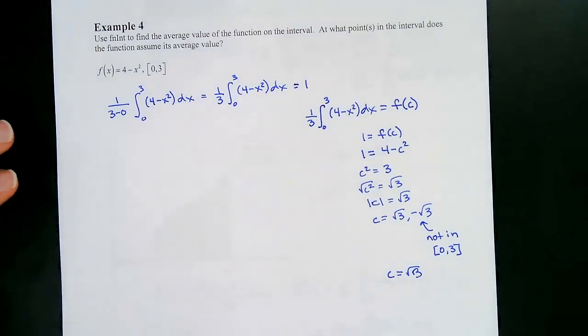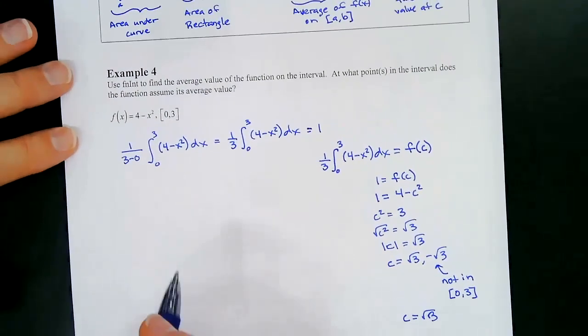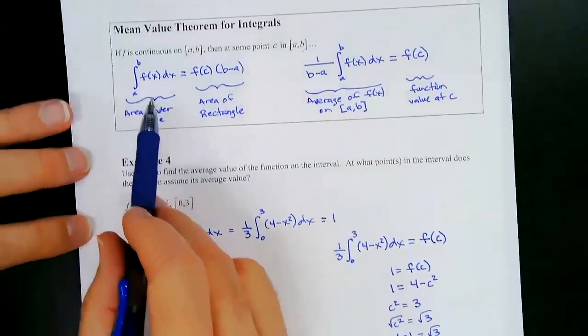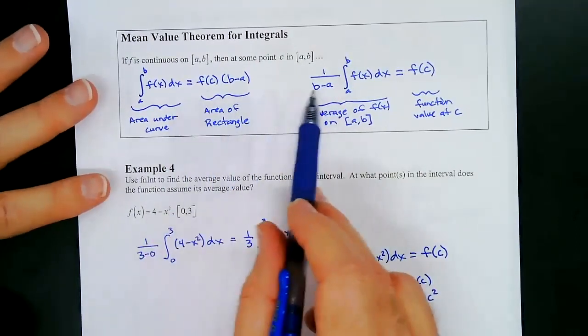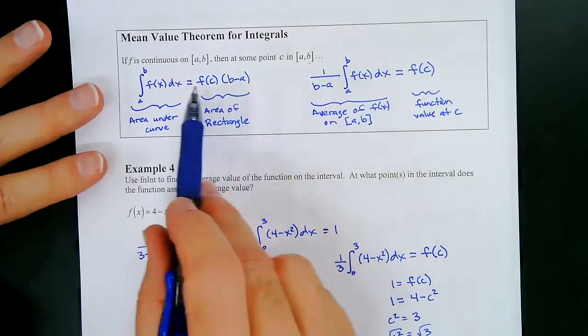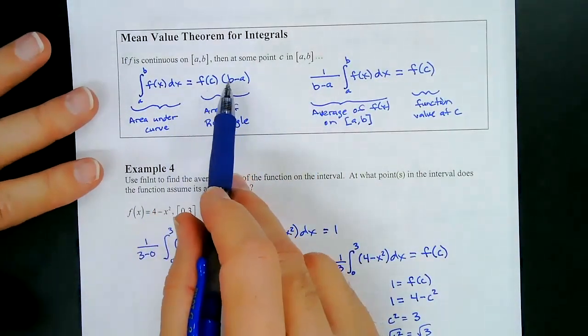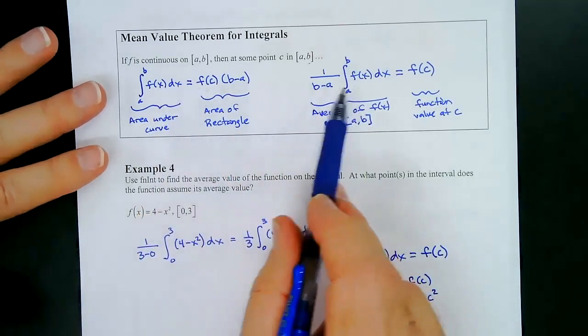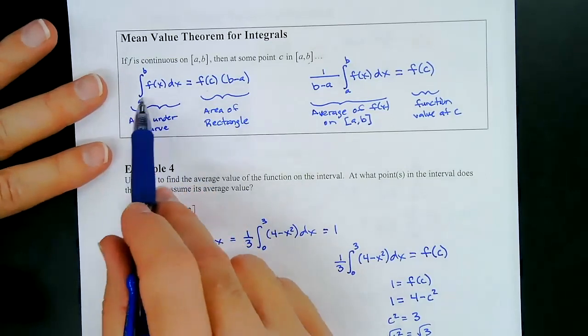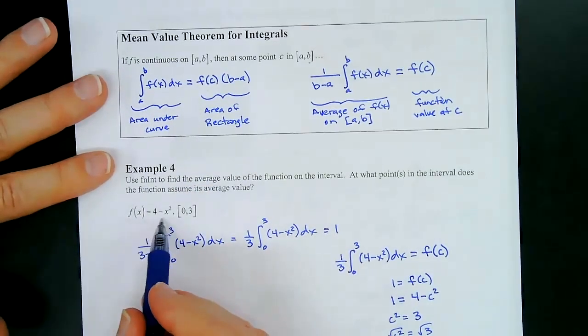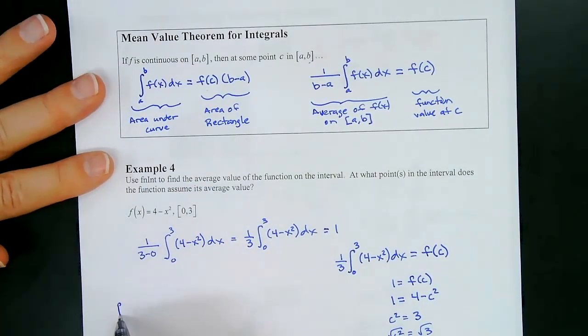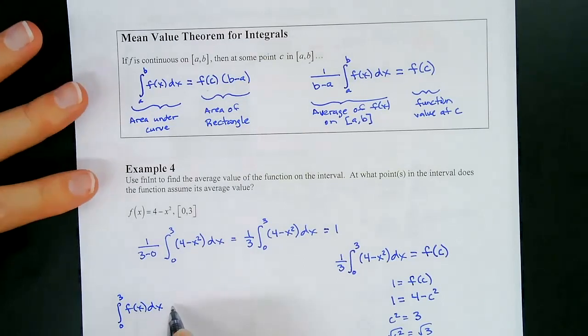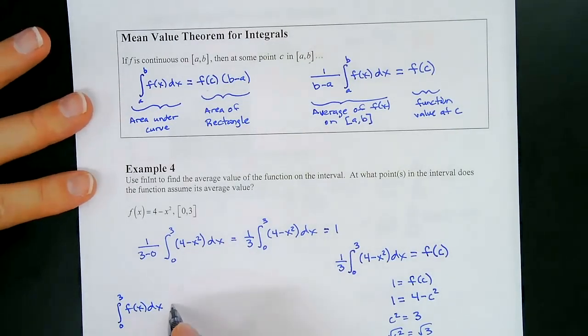Okay, so I want to show you that if we took this integral, these are kind of saying the same thing. This one is just a modification of this one. And this one's used more. So I want to show you that this would be true. The area under this curve from 0 to 3 would be the integral from 0 to 3 of f of x dx, which would be 4 minus x squared.